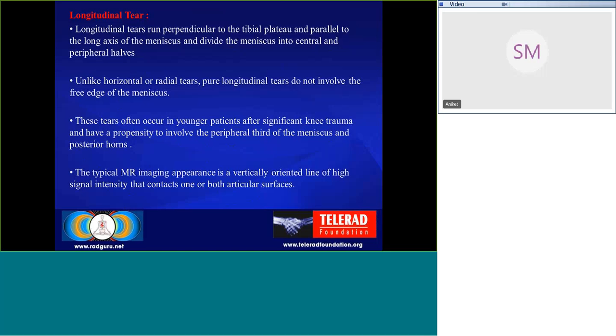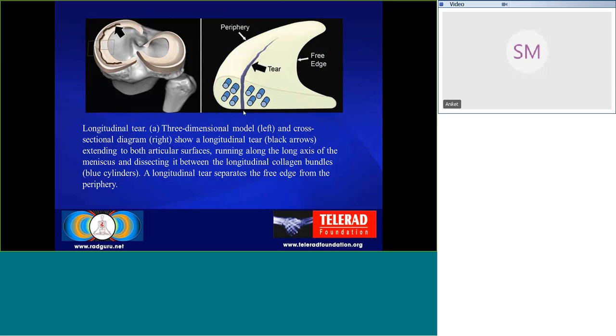The longitudinal tear extends to both the articular surfaces, that is superior and inferior, running along the long axis of the meniscus, dissecting it between the longitudinal collagen bundles. The longitudinal tear always separates the free edge from the periphery.